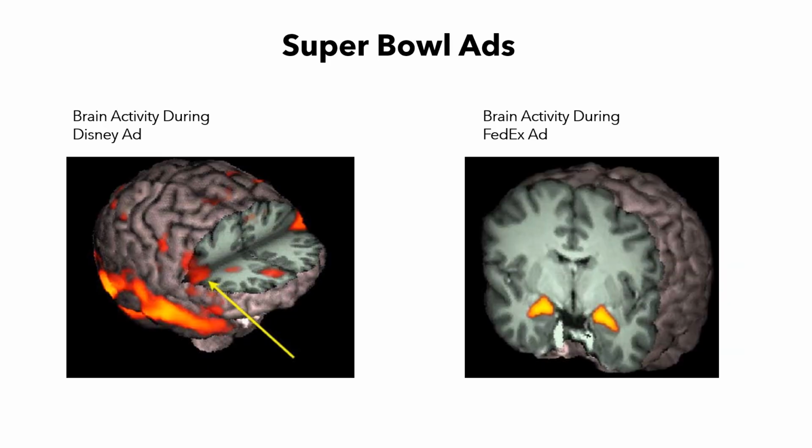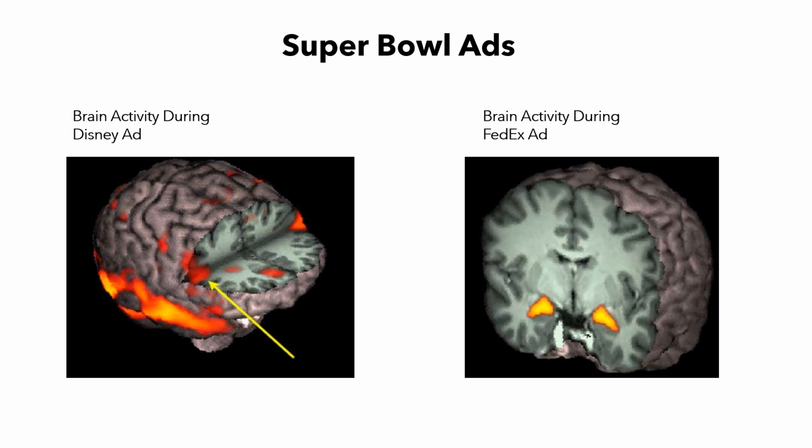Super Bowl ads. This was actually a study done by Marco and his team at UCLA. The goal was to identify the most effective Super Bowl ads by monitoring brain activities in the region of brains which are known to help control whether the consumer will be buying or rejecting a particular pitch.